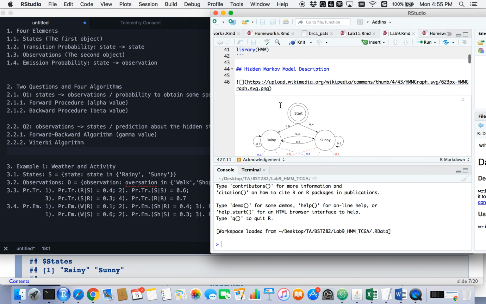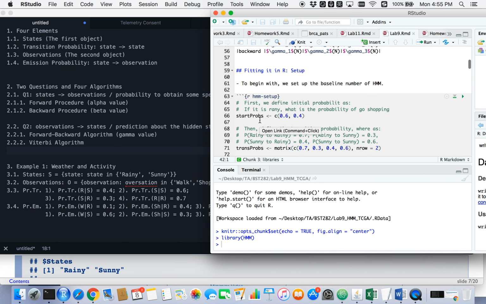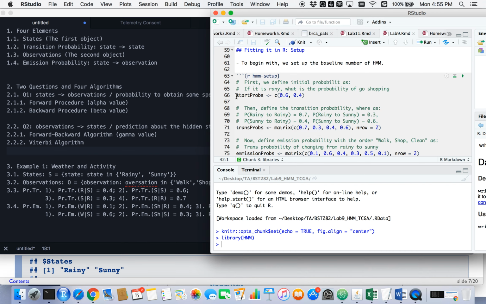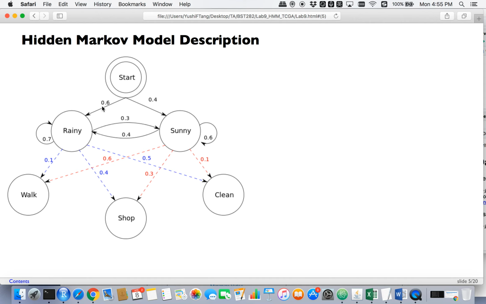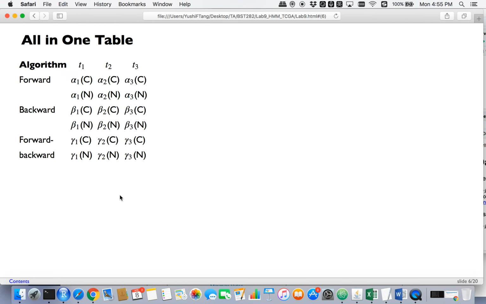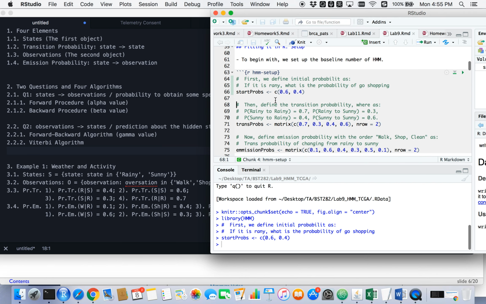Before we do so, install the required package and load these modules. Then we can define the initial probability. Recalling the question, to begin with, we have a 60% chance to find the first day as a rainy day, and 40% chance to find the first day as a sunny day. So this is the initial probability.